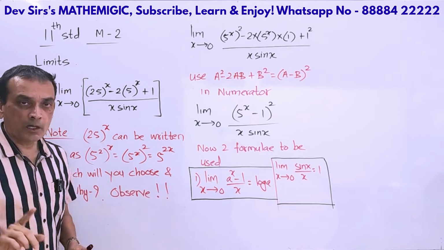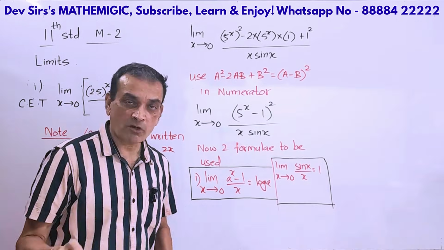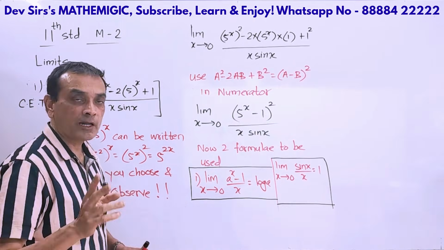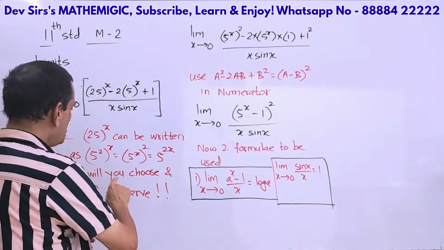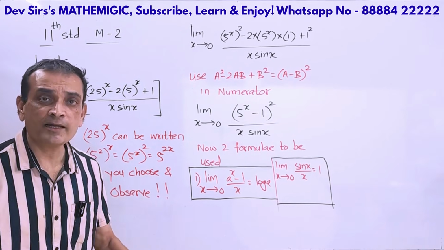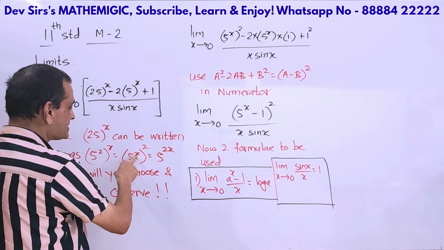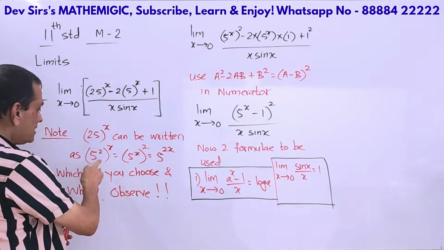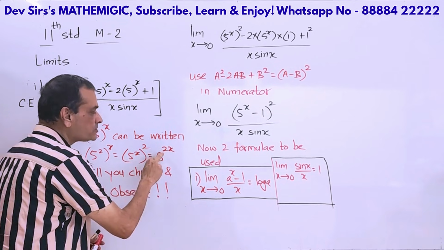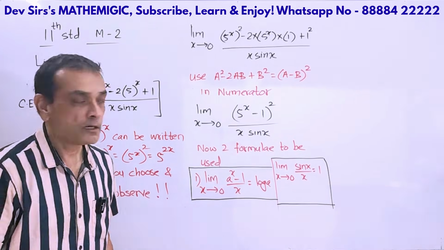Now remember, by laws of indices, when you have an index raised to index, you are allowed to interchange both. Means you can take x here and 2 here. Why? Because finally you multiply both indices, 2x, 5 raised to 2x. 2 into x gives you 5 raised to 2x, x into 2 gives you 5 raised to 2x.